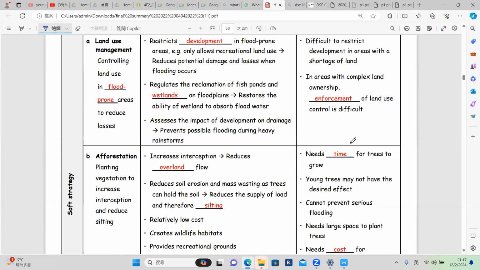Soft measures. Soft measures, land use management, just like CP1, restrain the development in the floodplain area, high risk area. Actually if you just change the wording, CP1 can be used in CP2. Regulate the reclamation of the fish pond in wetland on the floodplain. Restore the ability of wetland to absorb the flood water.